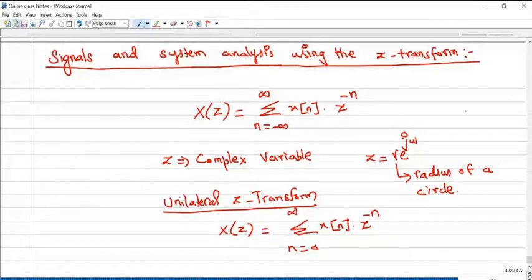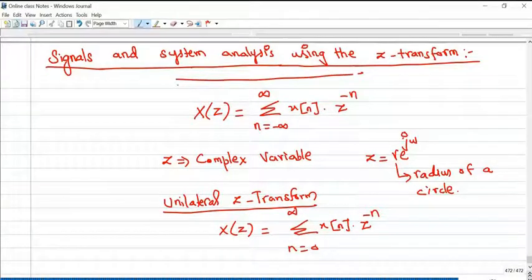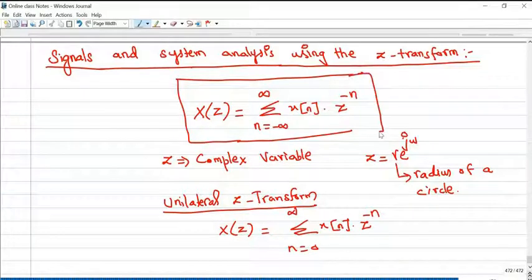This is the unilateral transform. The first one is the bilateral transform, or general formula. Depending on the signal, we may change the summation limit. So remember this particular formula, n equal to minus infinite to infinite, or if the question specifies unilateral, then you go with this formula.